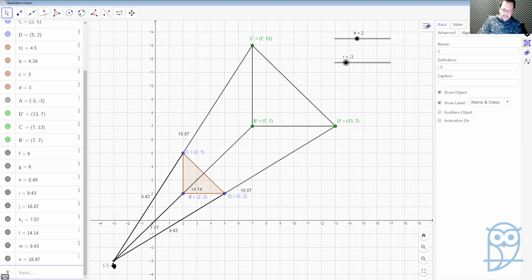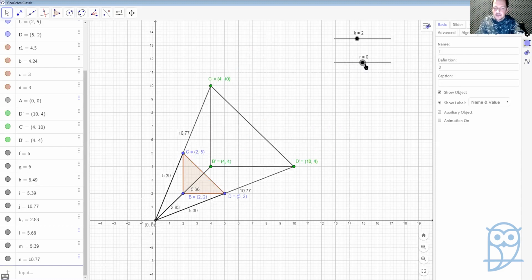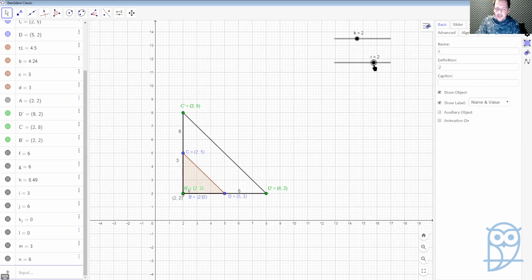And it works the exact same way from there to D and D dash, or C and C dash. But note the size of this triangle. The size of the triangle is still only a scale factor of 2. So it is not changing in size, where you see it's still double.